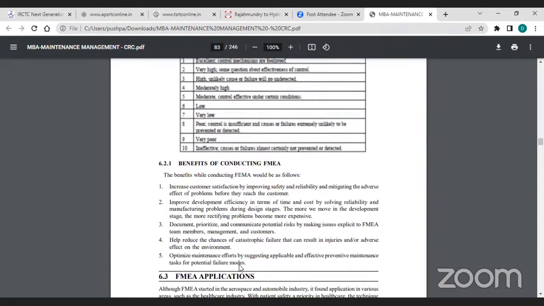So what are the benefits we have discussed? Obviously, whenever we identify the failures and rectify them at an earlier stage, automatically there will be no defects in the product. And whenever there are no defects in the product, consumer satisfaction will definitely increase.